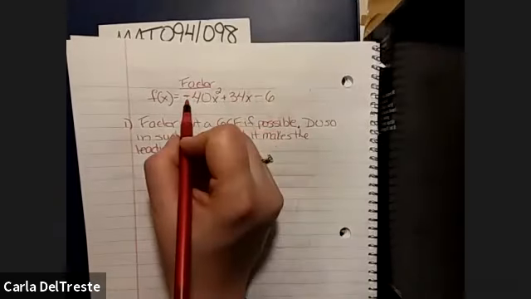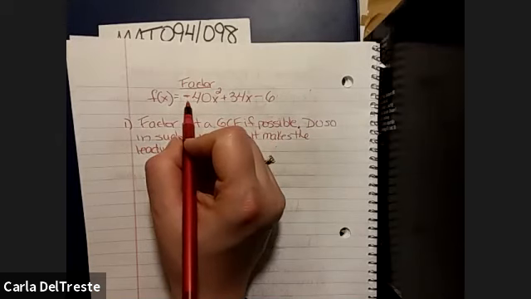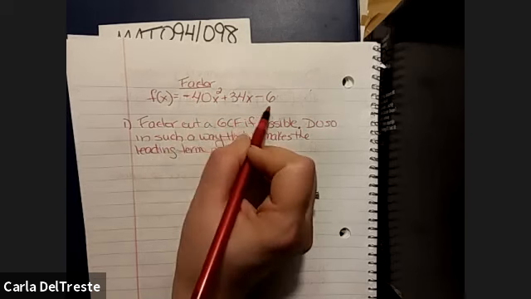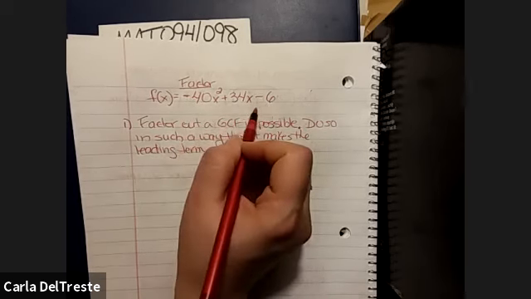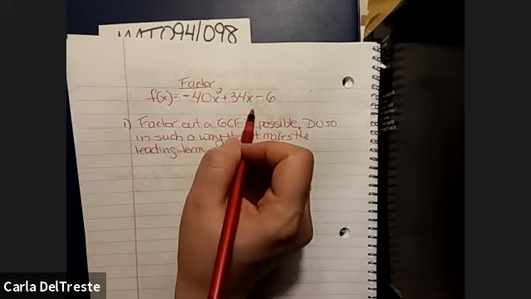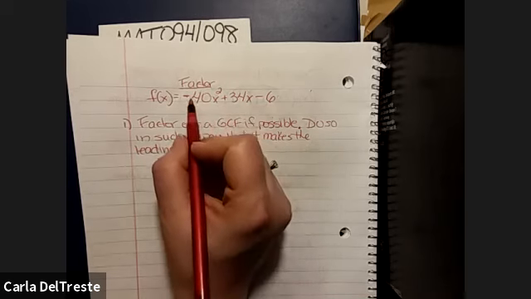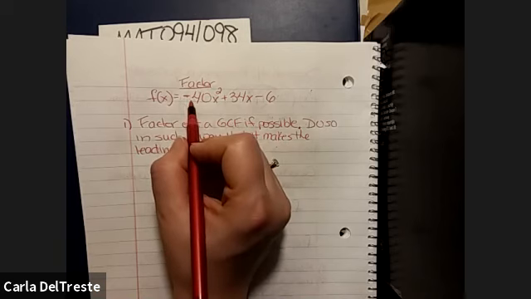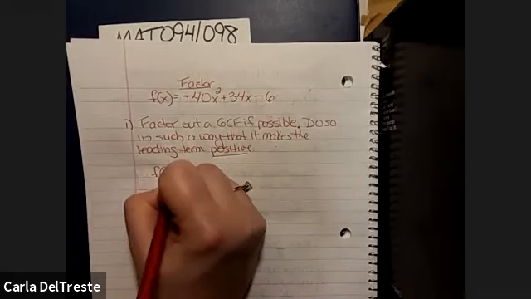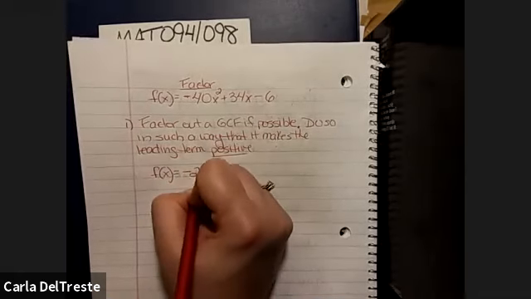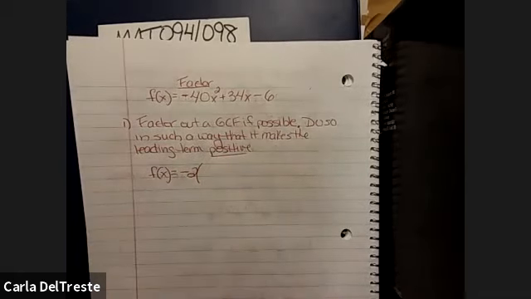So if I wanted to turn this positive, I'm going to have to factor out a negative number. What do all of these terms have in common? Well, they're all even, so they're all going to be divisible by 2. We're going to factor out a negative 2 because we want to try to make this positive. So that means f of x will be negative 2 because we're going to pull negative 2 outside.